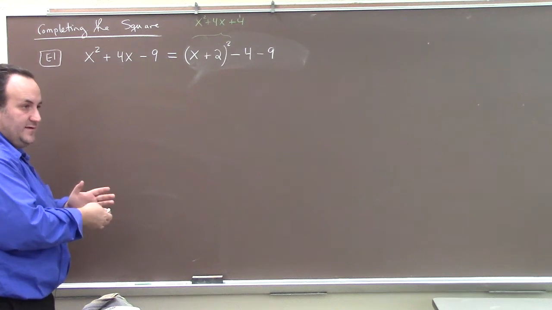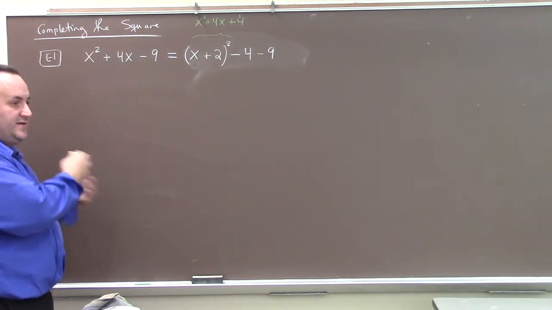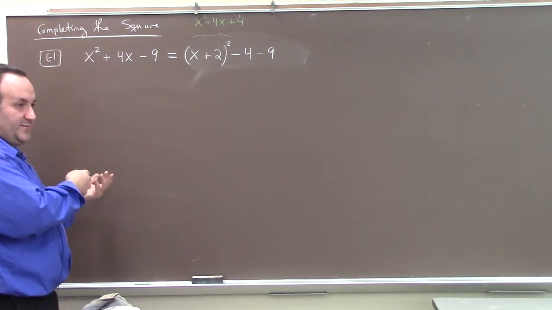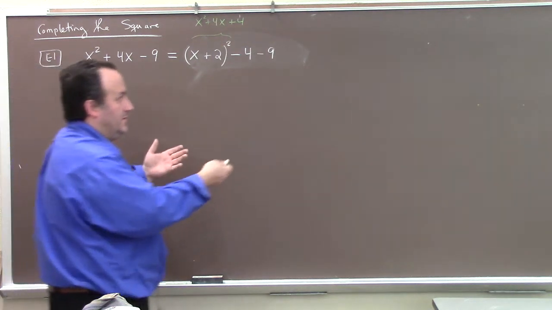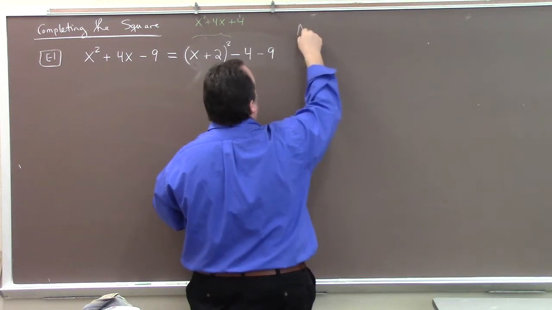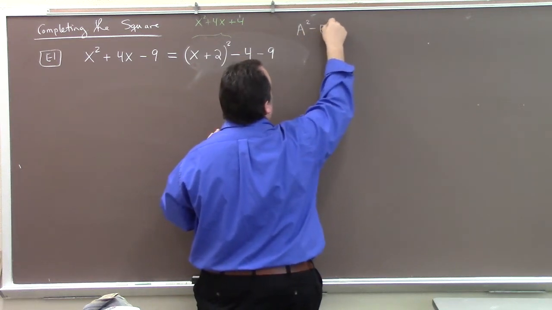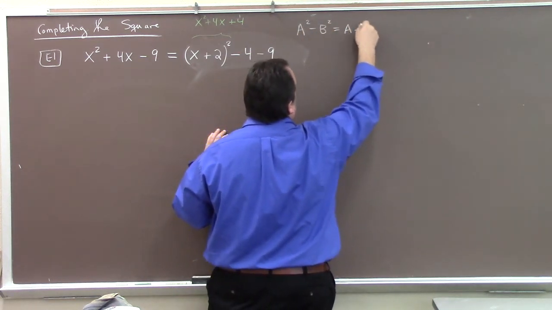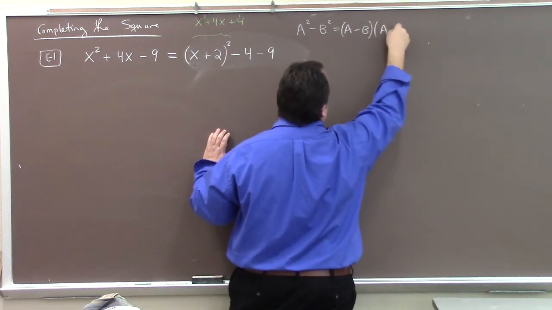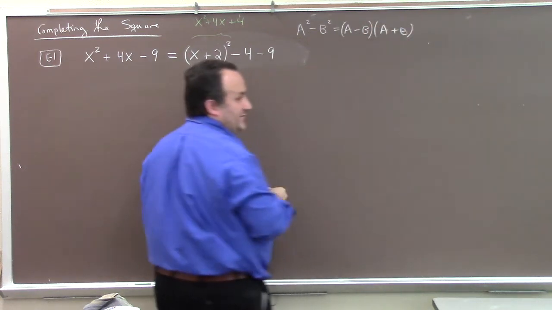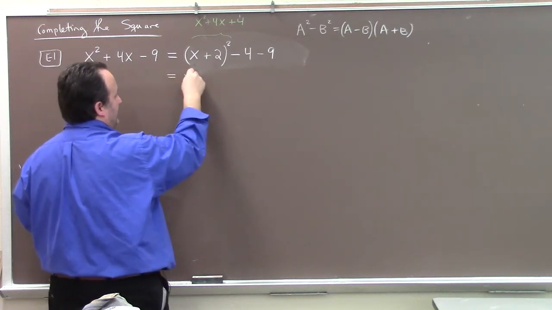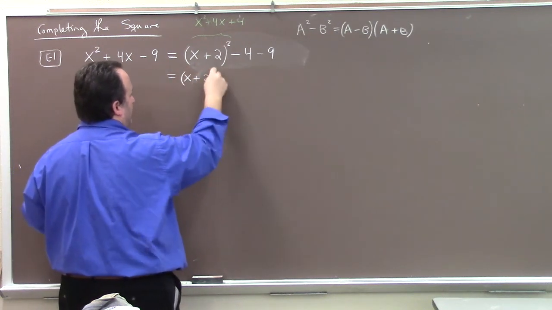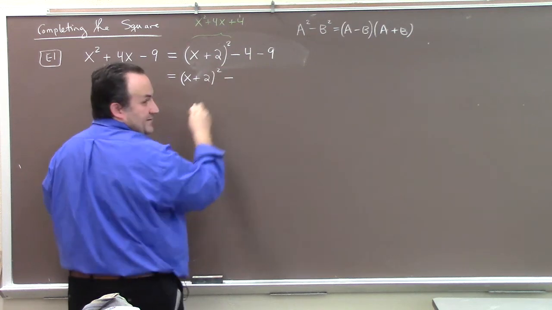That is completing the square. That's it. The thing is, once you do this, you can finish the problem by the difference of squares formula, or you can recognize it's impossible. So what's the difference of squares formula? A squared minus b squared is a minus b, a plus b, right? Here, if you tilt your head and squint, you can see I've got x plus 2 squared minus 13, right?